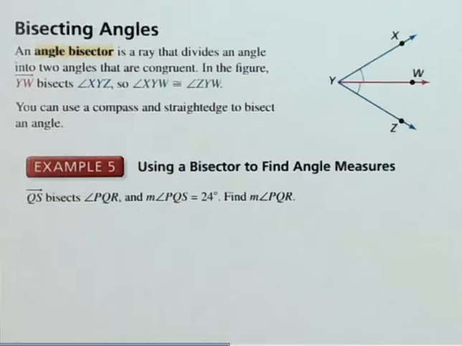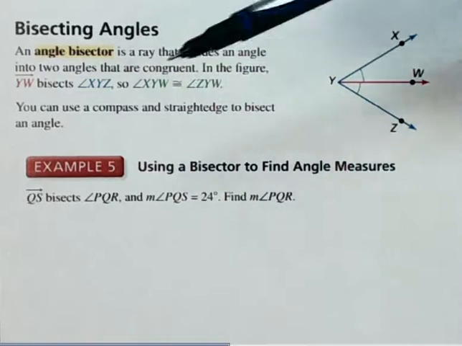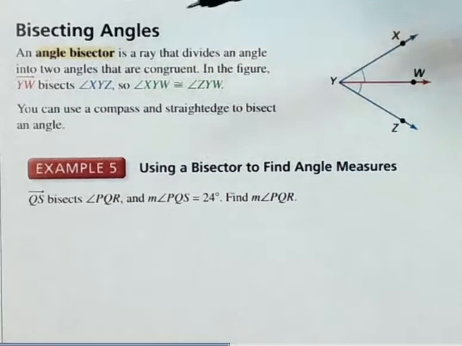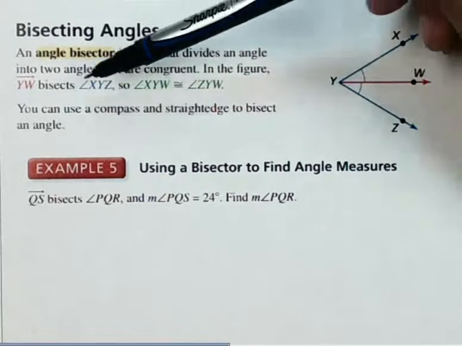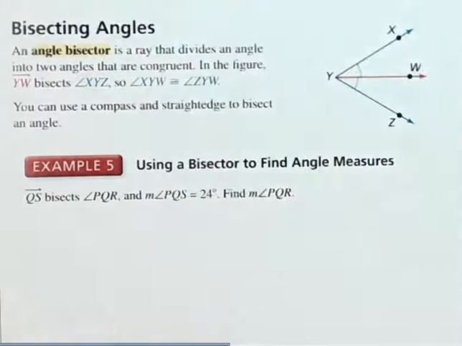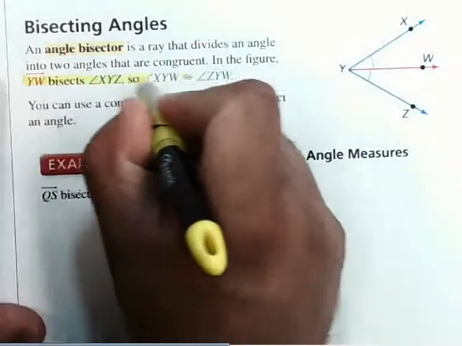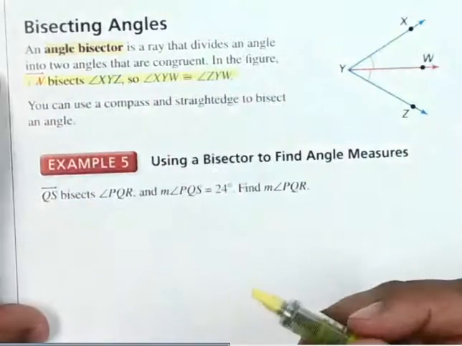All right, and then the last little piece on this part of the notes is going to be bisecting angles. And there's this word right here, angle bisector. Basically, that's a ray that divides the angle into two angles that are congruent. So this is the statement that you need to know. This ray YW bisects angle XYZ.